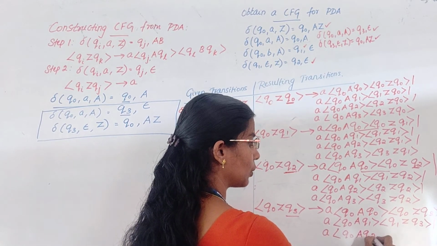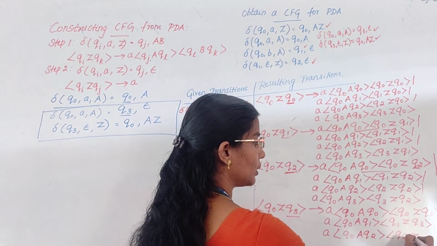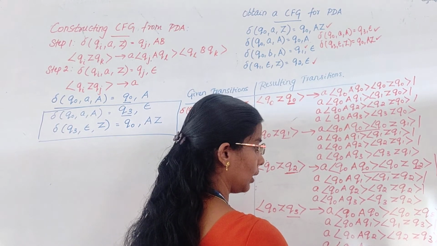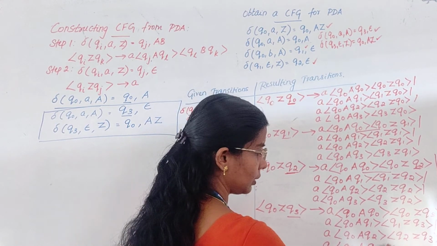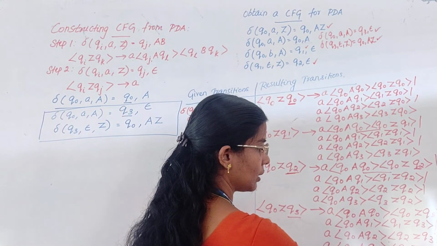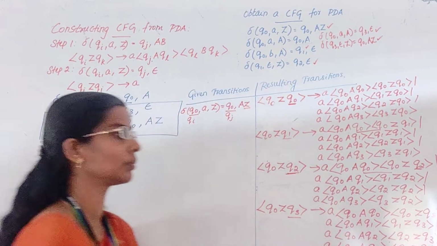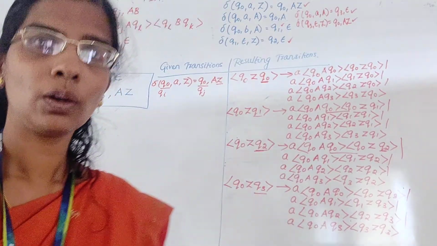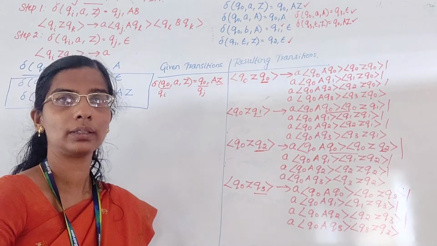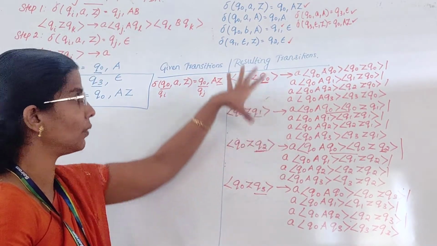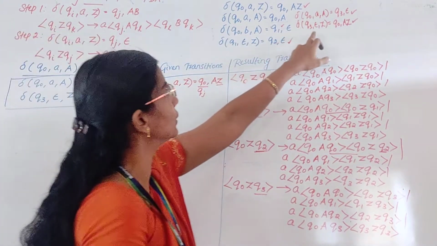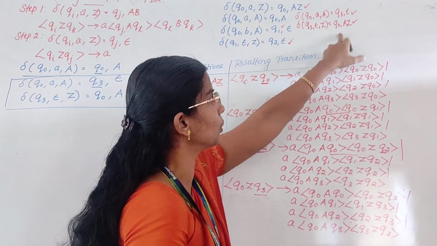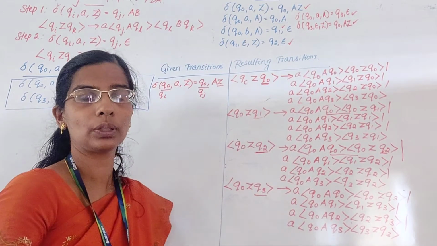Q0, A, Q2, Q2 set Q3, and at last it is Q0, A, Q3, Q3 set Q3. Hope the board is clearly visible. Right? So we have completed for only one transition. Next we do for this one. Right? Q3 epsilon set which is equal to Q0 comma A set. We'll do for this.